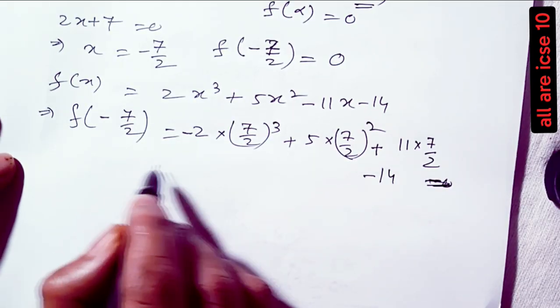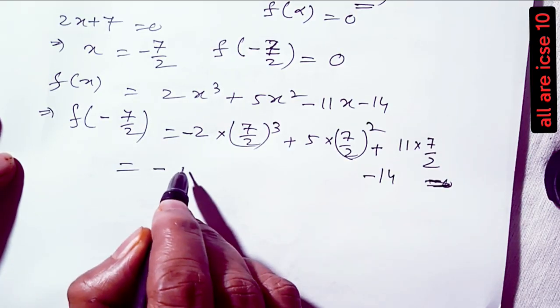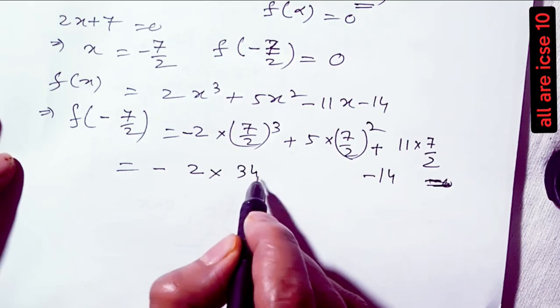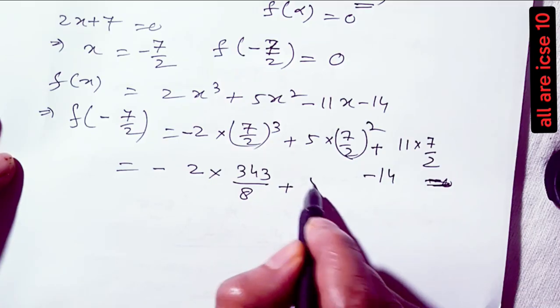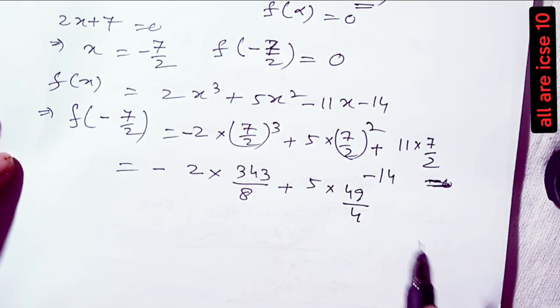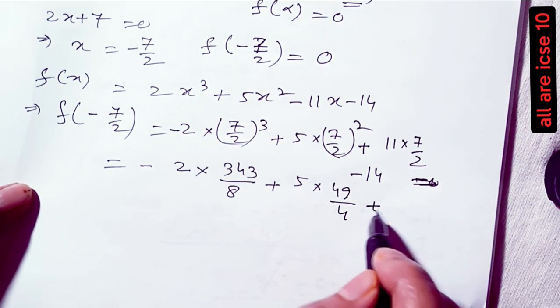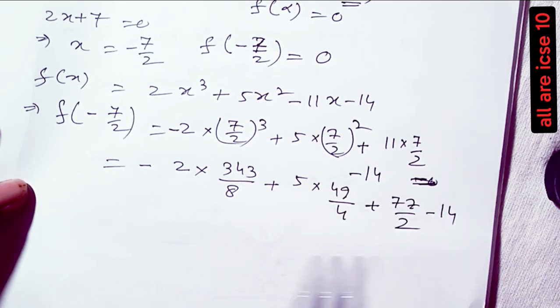We find the value of this: minus 2 times 343 by 8, plus 5 times 49 by 4, plus 11 times 77 by 2, minus 14.